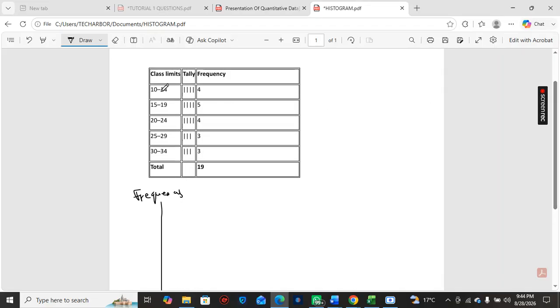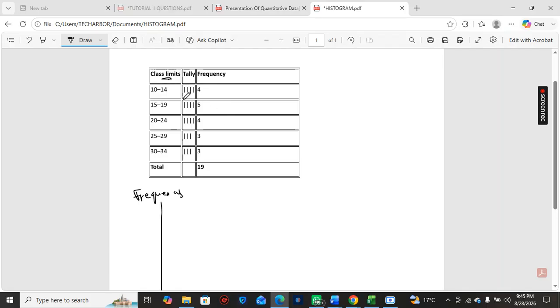Remember, with the histogram the bars have to be next to each other. So these class limits, we have to convert them into class boundaries so that we can connect these classes, because this is a histogram.